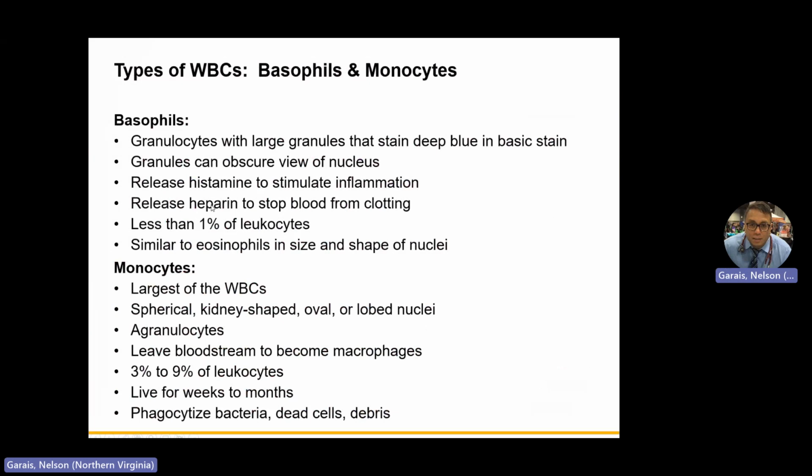What's so important about basophils? Along with mast cells, they release histamine and heparin. Histamine enhances inflammation, and heparin is a blood thinner, so it helps the blood stop clotting a little bit so that the blood can get to the area of infection.